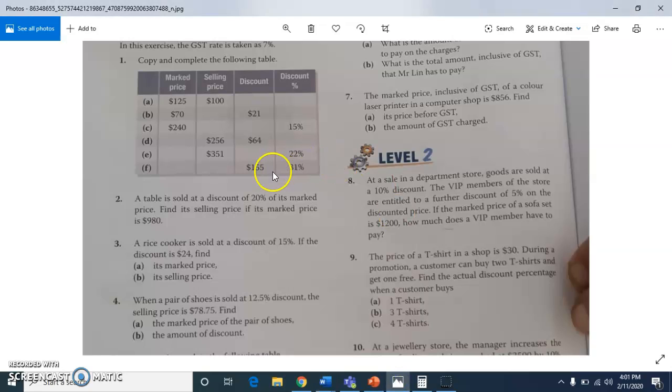So that is the answer for number 2. Now when we look at number 3, the rice cooker sold at a discount of 15%, and the discount was $24. Find the marked price and the selling price, which means what are we going to do?